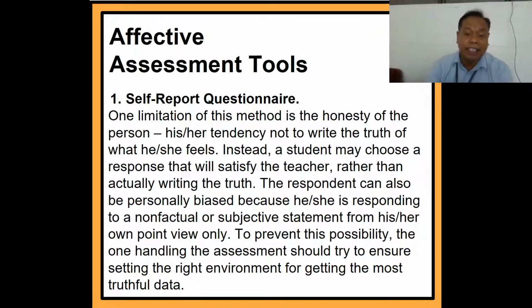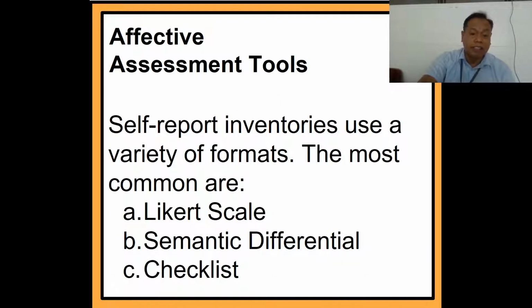The respondent can also be personally biased because he or she is responding to a non-factual or subjective statement from his or her point of view. To prevent this possibility, the one handling the assessment should try to ensure setting the right environment for getting the most truthful data.